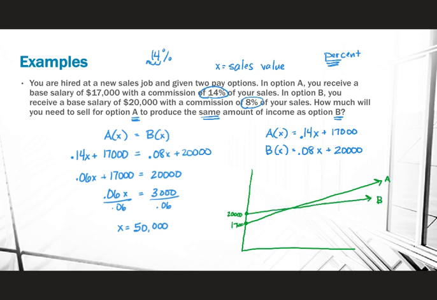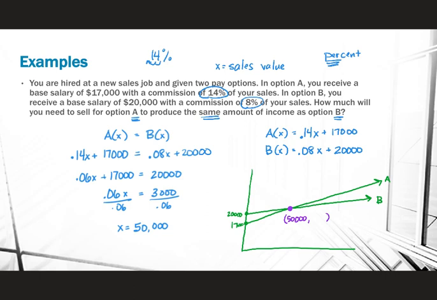So B is going to be a flatter line. And what this question is asking is, where is this place right here? 50,000, and I don't know the y value, so I'll leave it blank. That is the place where those lines happen to cross.